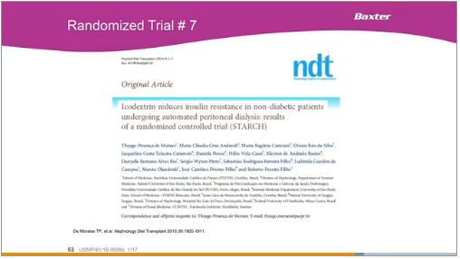Now we move to a 2015 randomized trial. This was called the STARCH trial, and this was looking at icodextrin use in non-diabetic patients who were undergoing APD. Now patients on peritoneal dialysis have been described as having a state of insulin resistance, possibly due to the constant exposure of dextrose absorption over time.